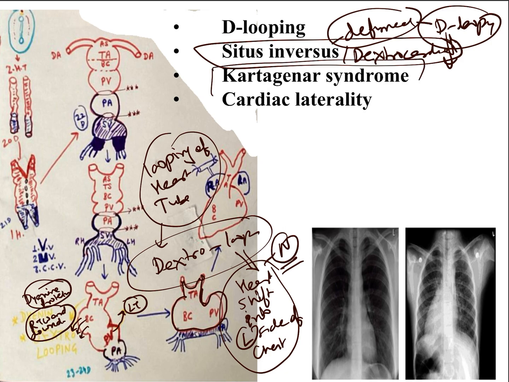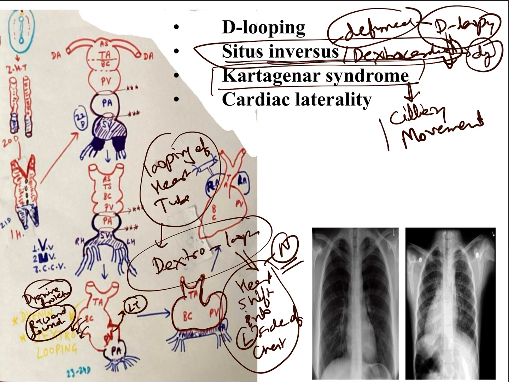Another syndrome includes three pathologies. What are these three pathologies? It is because of ciliary movement defect. Situs inversus was a dynein protein defect, and this, Kartagener syndrome, is because of ciliary movement defect.